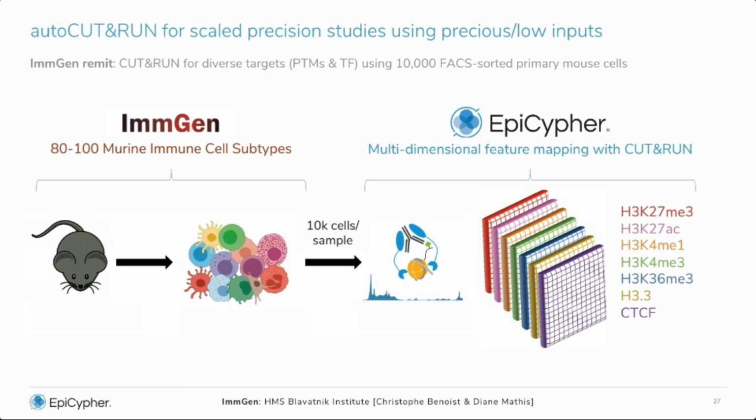The reason they were only getting 10,000 cells per sample is because they were taking mouse, isolating primary cells, and then FACS sorting them for different immune cell markers to get really unique populations of immune cells that they then wanted to profile not just one, but multiple features, unique regulatory elements of chromatin using just one population of cells. And so they challenged us to basically optimize CUT&RUN for this system using just 10,000 cells per individual feature that we were able to mark.